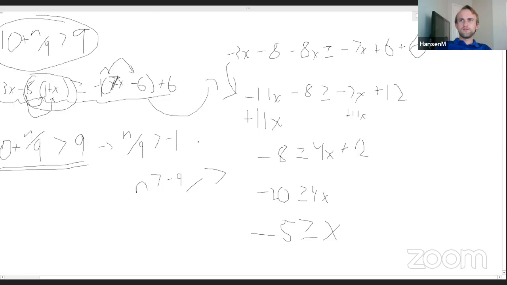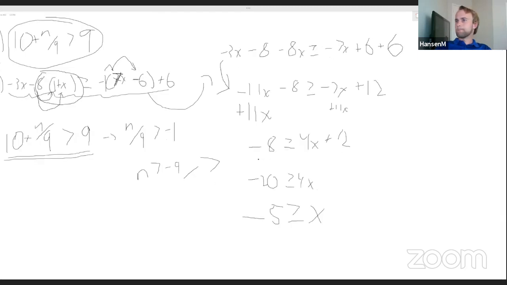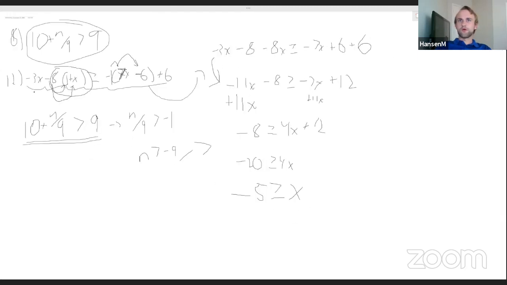So on these kinds of ones that are a little bit more complicated, a good thing to do is to check and see if it makes sense. So what I'm going to do first is plug negative 5 into the original statement and see if it works. And then I'm going to pick something that's outside of the range and see if it doesn't work. So we're going to take this negative 5 and plug it back into the original equation.